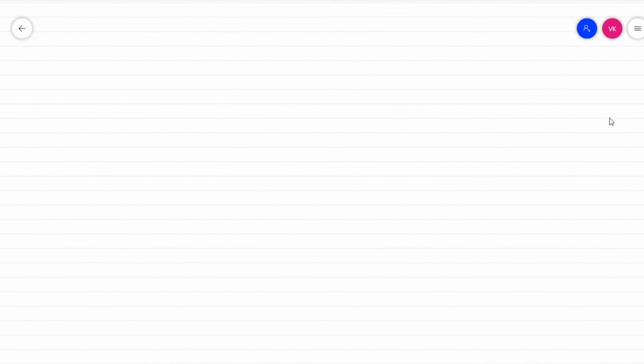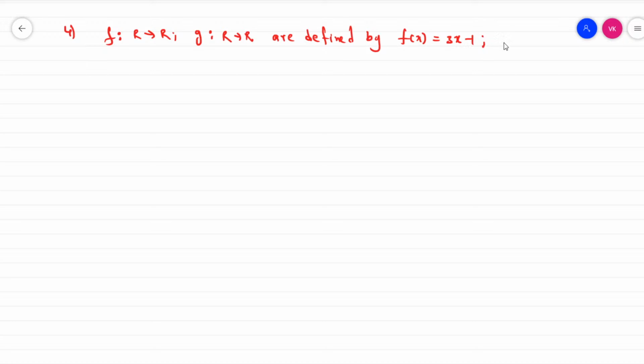The fourth question is given as a very simple one. F maps R to R and G maps R to R are defined by f of x is equal to 3x minus 1 and g of x is equal to x square plus 1. Okay, here are the two definitions.